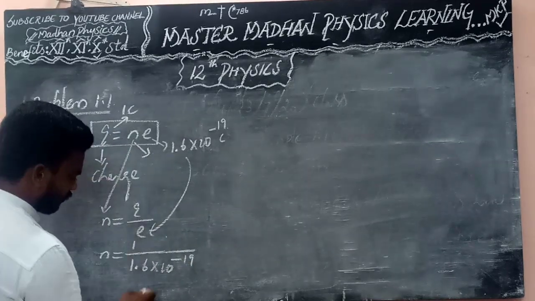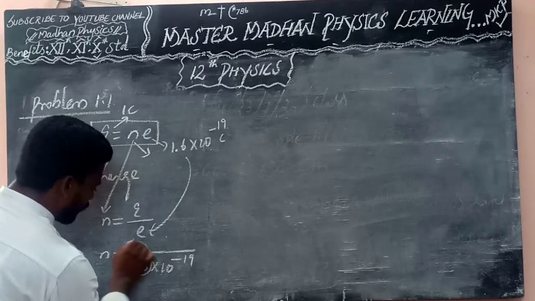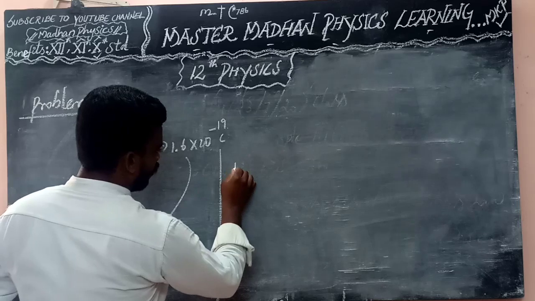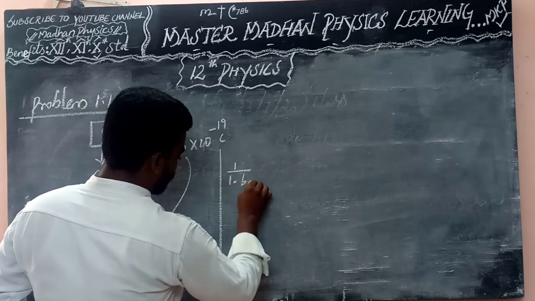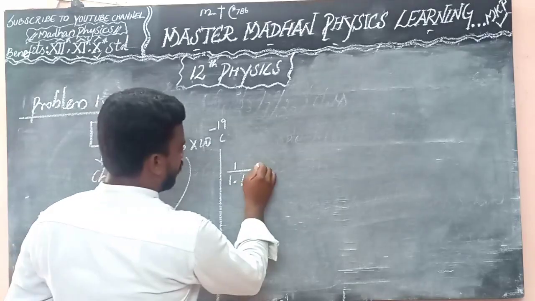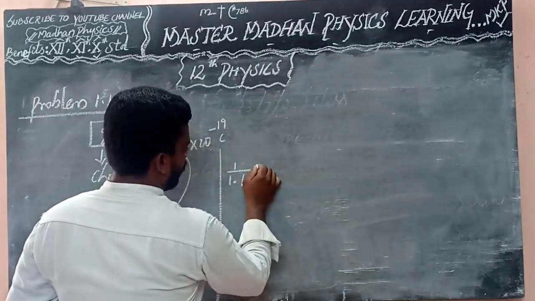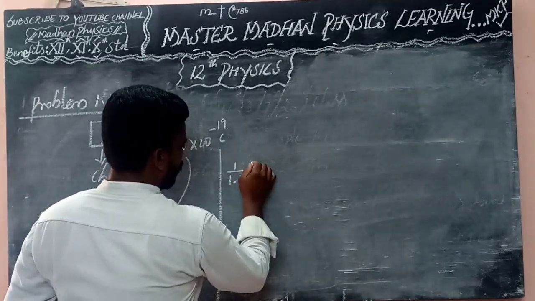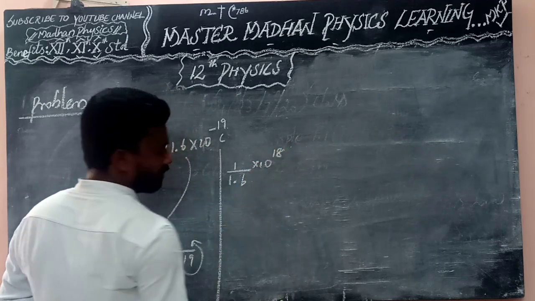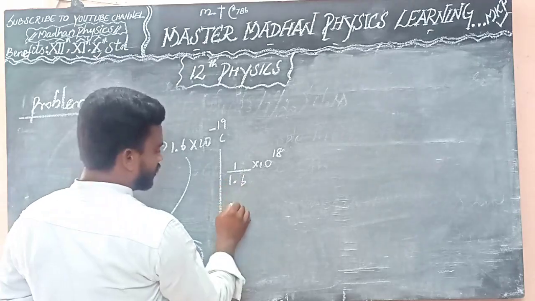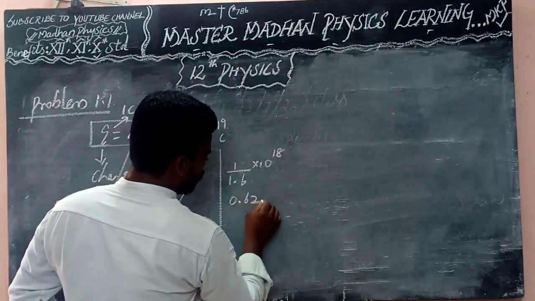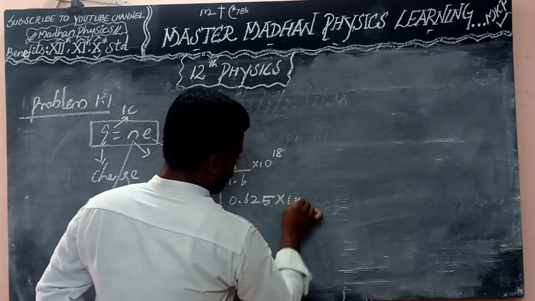1 divided by 1.6, how much? 1 by 1.6, and this 10 power minus 19 we can take up, so we get 10 power plus 18. So this is 0.625 into 10 power 18.